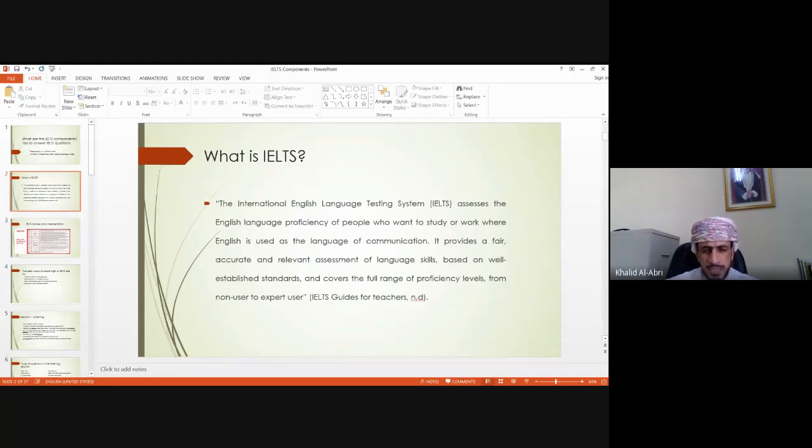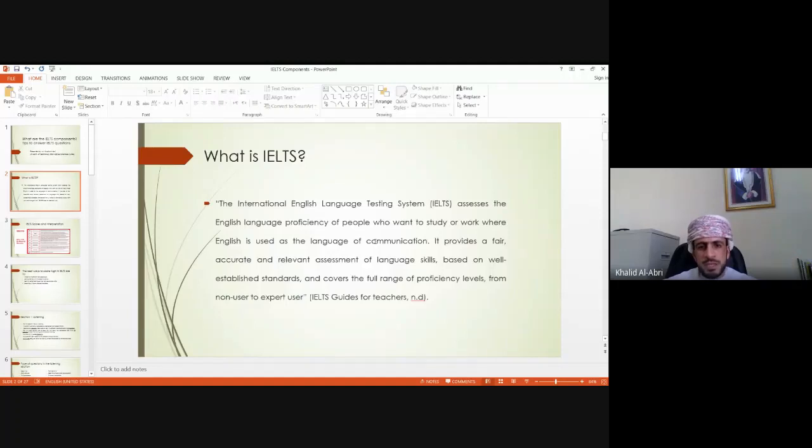So as I said earlier, now universities and some institutions request IELTS. They ask the candidate, the employee, for the IELTS exam. Why is this? Because they want to know the language proficiency of this person. Is he able to use the English language in the workplace or in the university where he or she studies or not?